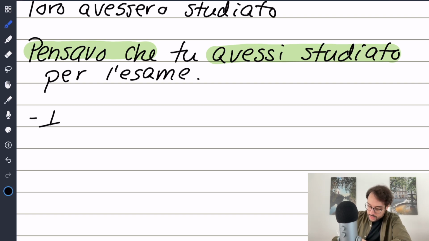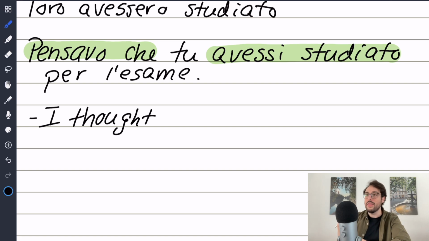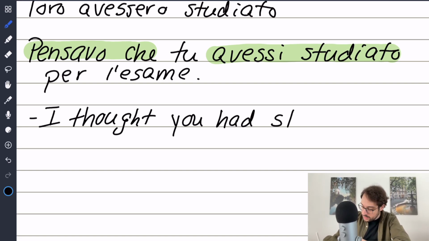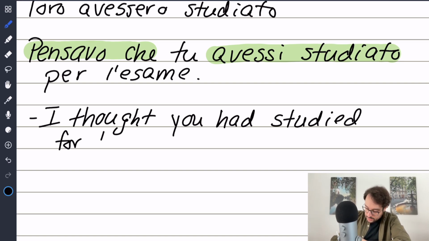Let's write that here. I thought. Doesn't matter for how long I thought this. It was just kind of the general thought I had lingering there in the background in the past. I thought you had studied for the exam. Now, when would you use this?